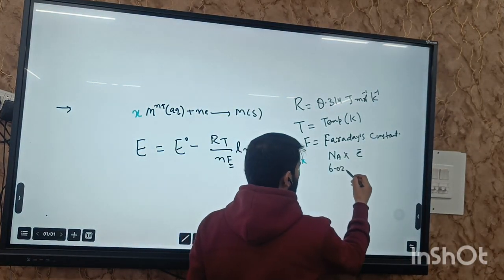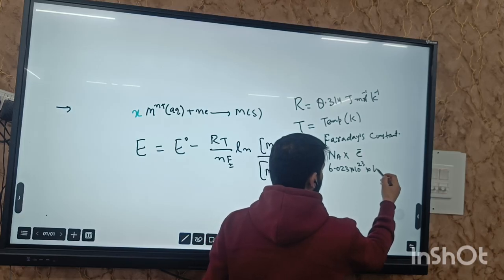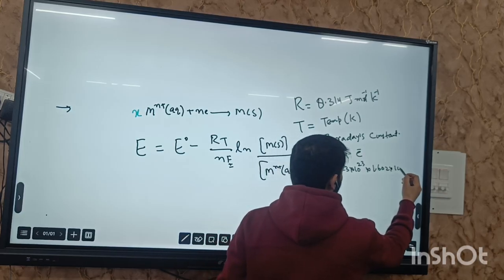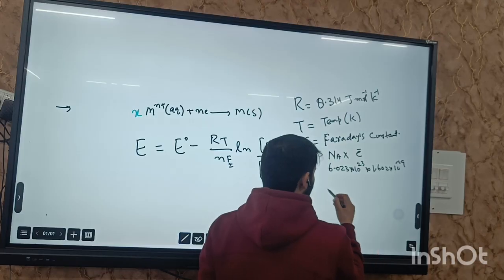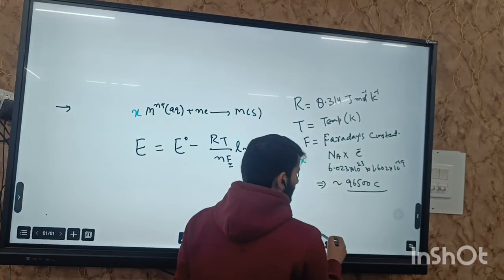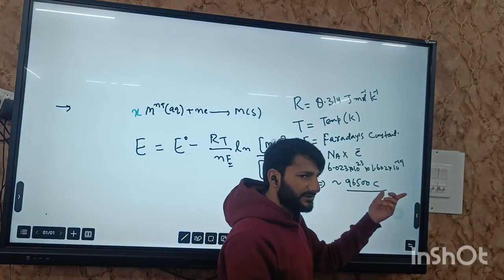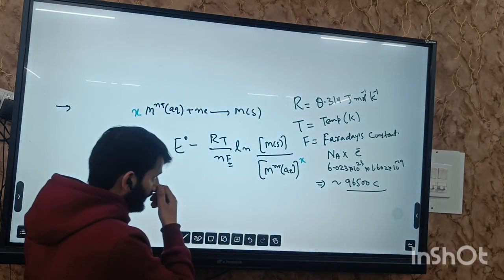It is 6.023 into 10 power 23 multiplied by 1.602 into 10 power minus 19 coulomb, which is nearly equal to 96500 coulomb. It is actually a little bit less than that, but the difference is not that much, so we keep it like that. That is Faraday's constant.